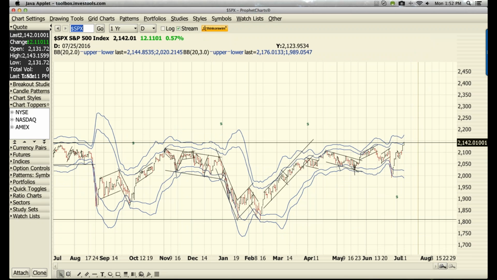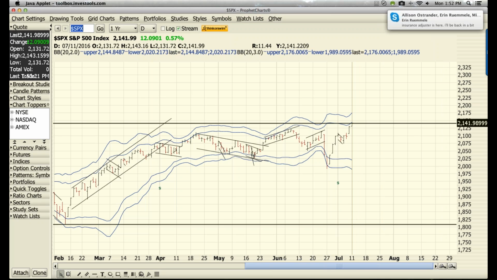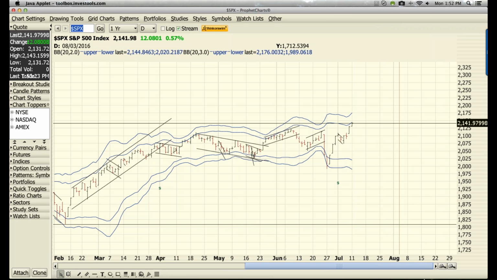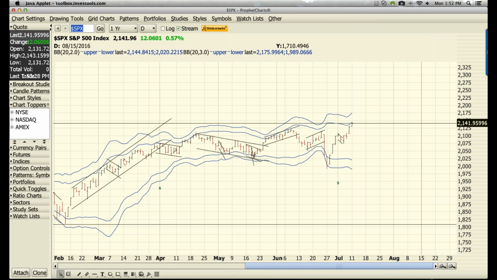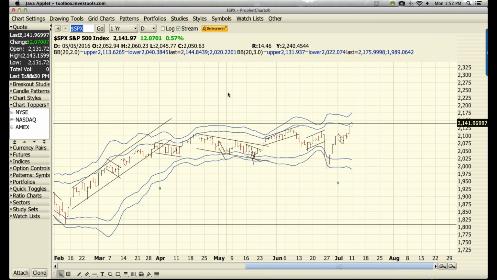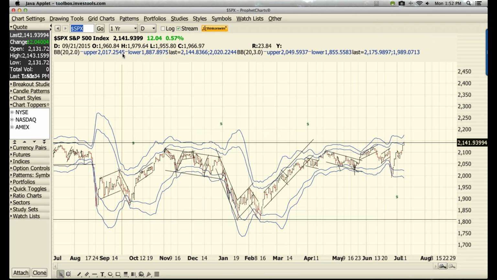Very similar pattern. I haven't looked at the bar chart on SPX yet today, but the first thing I notice on the daily chart is that we have trading right at resistance, right at a long-term line of resistance. Let's just back up and see how far back that goes.